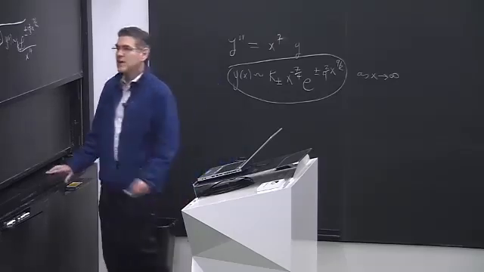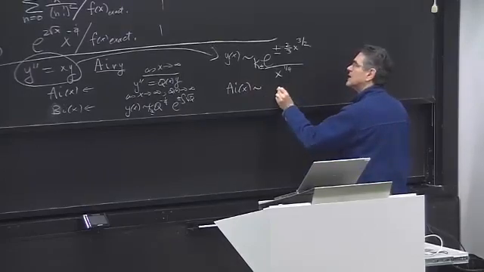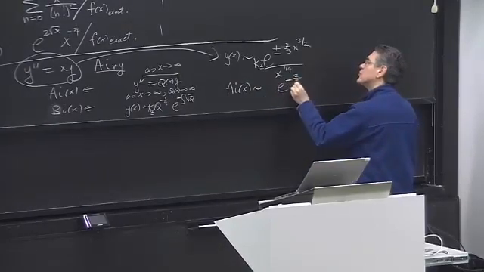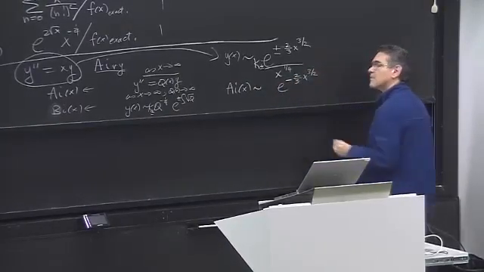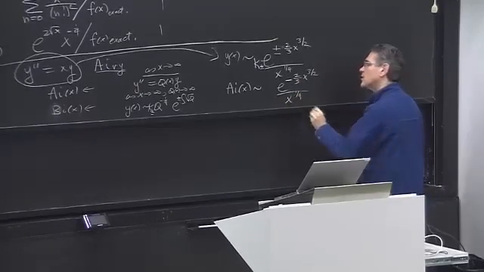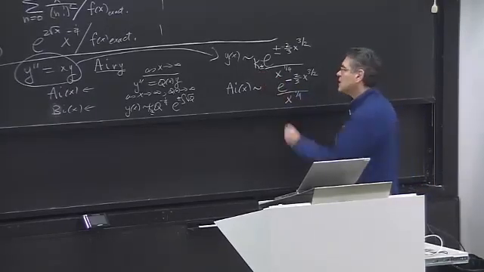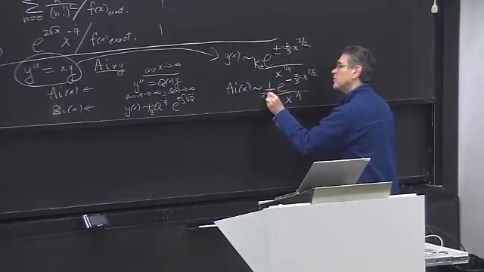All right, so this is how the solutions behave. In fact, the Airy function behaves like e to the minus 2/3 x to the 3/2, that's the minus sign, over x to the 1/4, and the constant out front is 1 over 2 square root of pi.